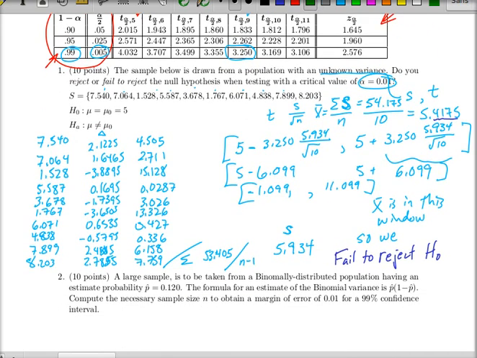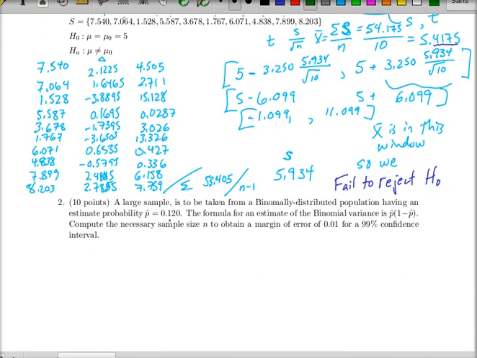Let's move on to the next one, which is a large sample taken from a binomial distributed population with p equal to 0.120. So the binomial variance, sigma squared equal to p hat times 1 minus p hat, which is going to be 0.12 times 0.88.